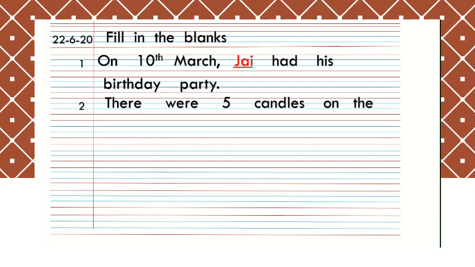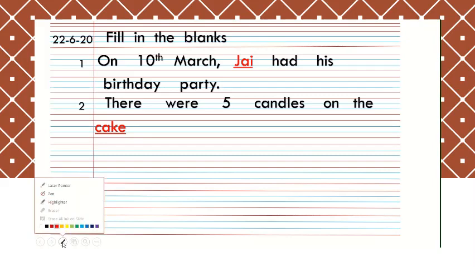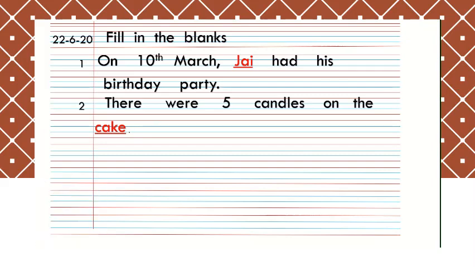There were 5 candles on the cake. Cake is your fill in the blank, so you will underline the word cake with your pencil after you write the sentence. After you write cake, you need to put a full stop.